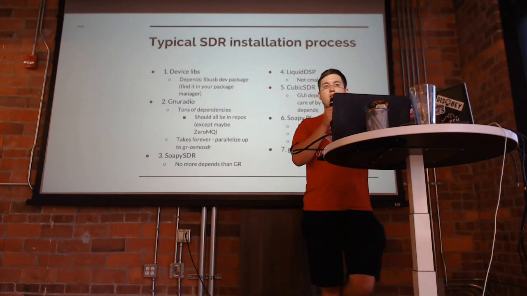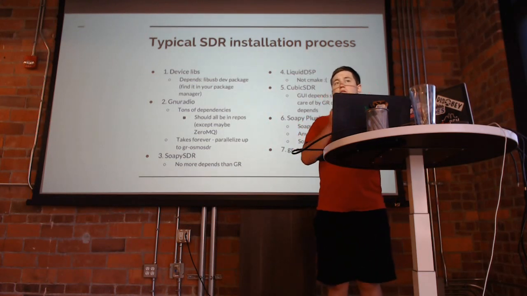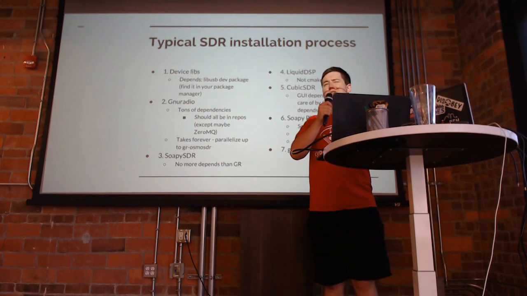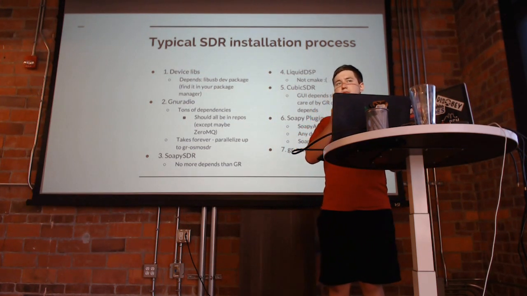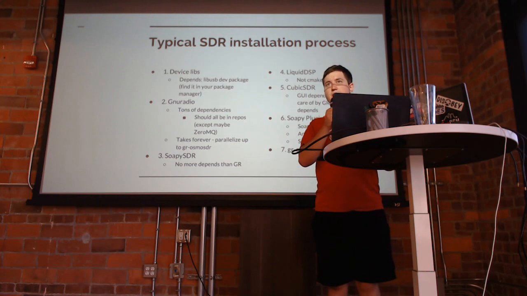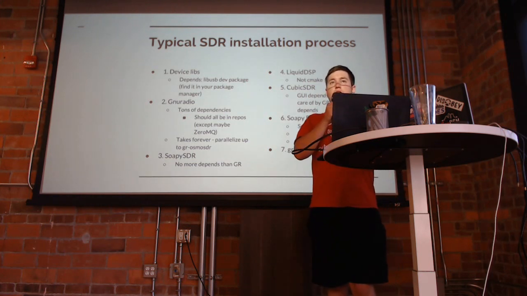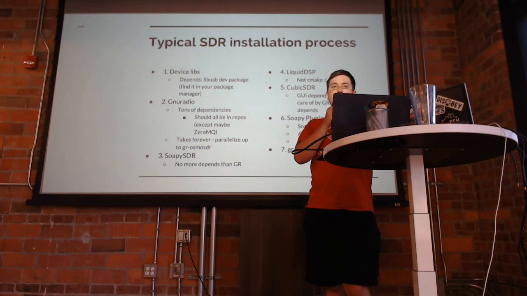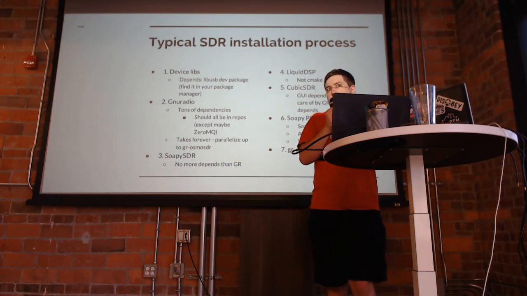SoapySDR is pretty easy, and I do it in this order because it parallelizes a little, and GNU Radio gets pretty much all the dependencies you'll need to install anything ever on your system. LiquidDSP is a CubicSDR dependency. It just installs out of a GitHub repo and works pretty well.